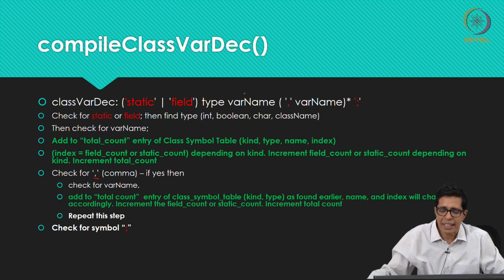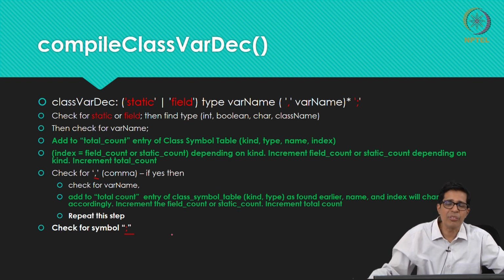You add the kind and type that you have seen earlier itself, and the name and index will change accordingly, because now you have the name, and the index will be the field count or static count. Then you increment the field count or static count and also increment the total count. Keep repeating this step, and ultimately you have to see a semicolon here. So this is how class_var dec will work.